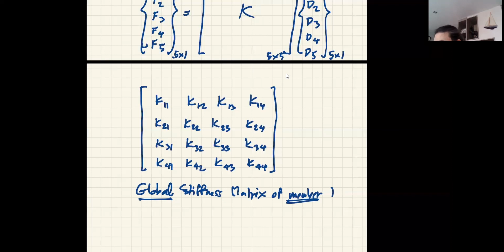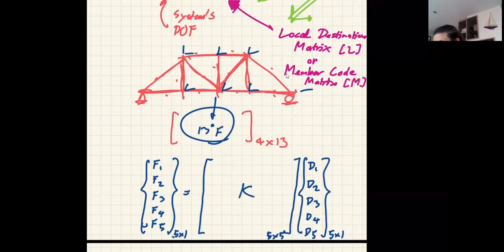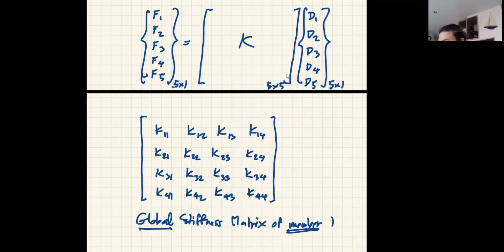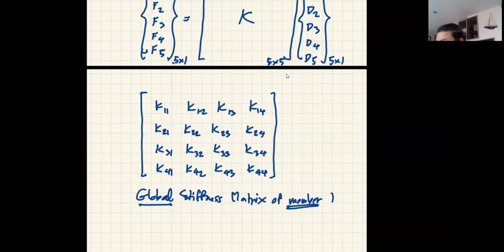But now what we have from the previous section is this matrix. It's a code. And for member number one here, the code is 0, 0, 1, and 2. What does the code say? The code says that we are going to take the components from this global stiffness matrix of member number one and put them in the global stiffness matrix of the system. How are we going to put them?